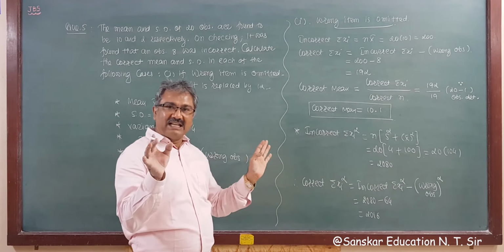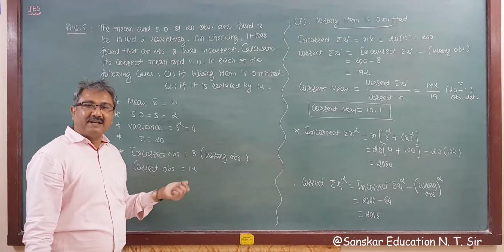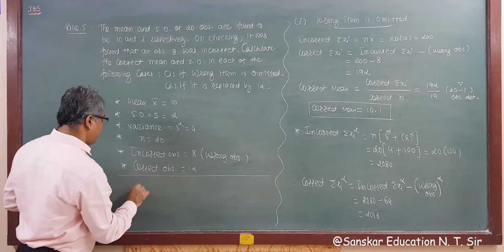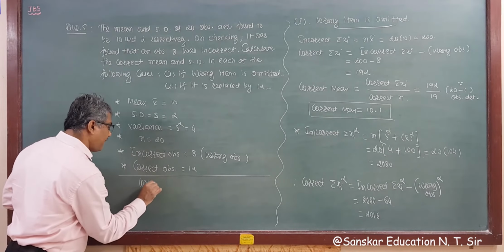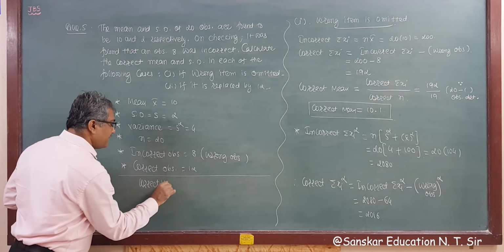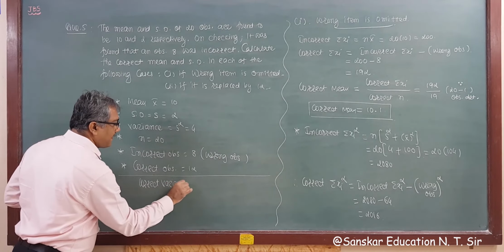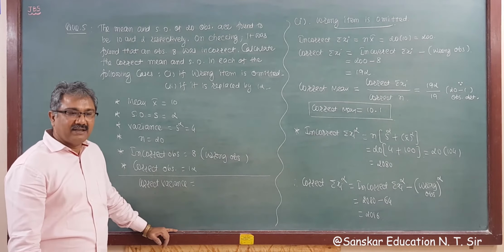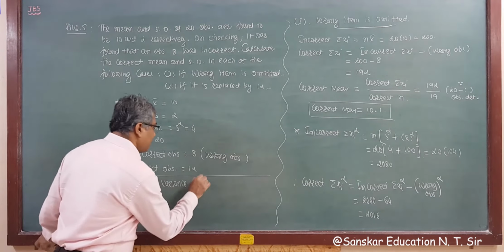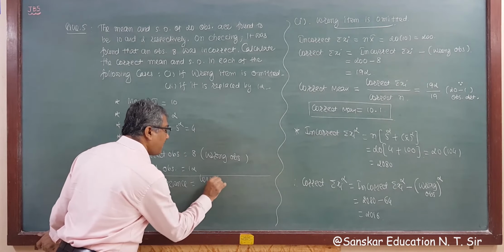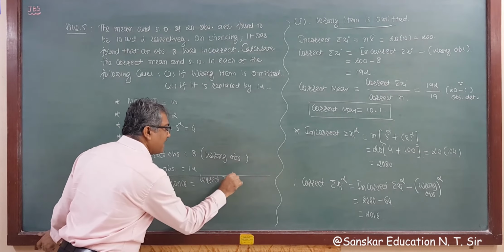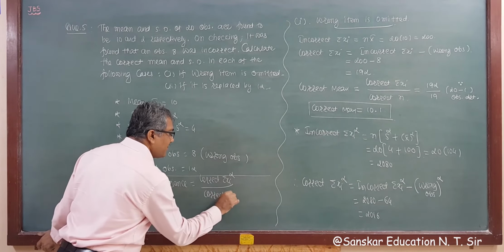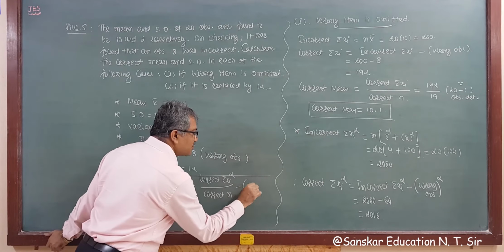I am writing the correct variance first, then taking the square root, and we will get the value of the standard deviation. So the correct variance is equal to correct sigma xi square upon correct n, minus correct mean whole square.